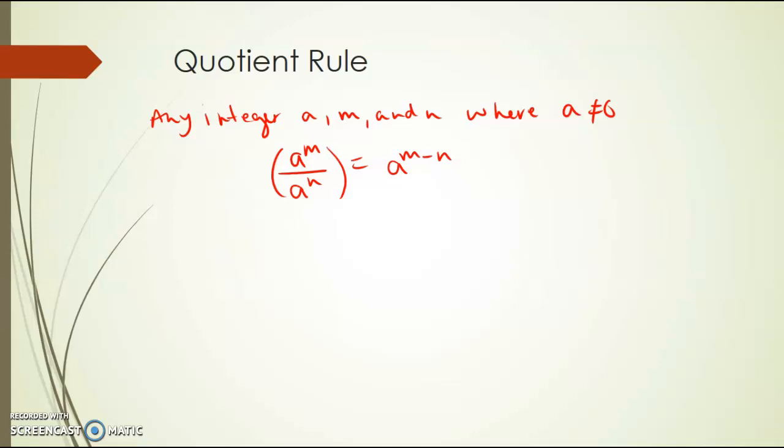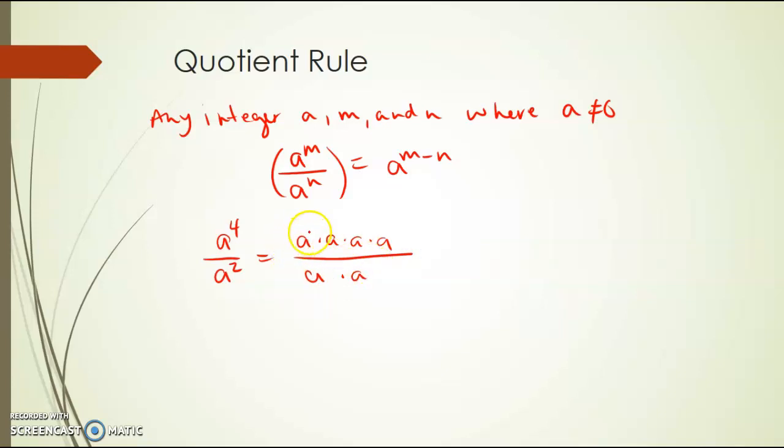Well, now that we're doing the quotient rule, and division is the inverse operation of multiplication, subtraction is the inverse operation of addition. So we're going to do the opposite when we divide, and so we're going to subtract. The reason this works is, for instance, if we have a to the 4th power over a squared, that would be the same as a times a times a times a over a times a.